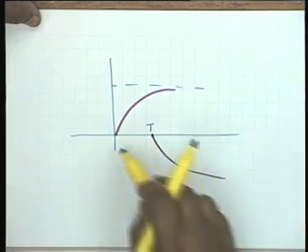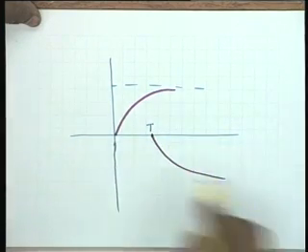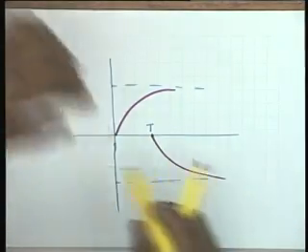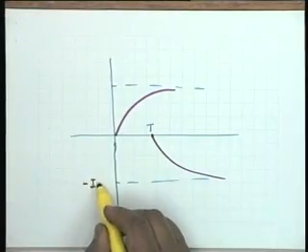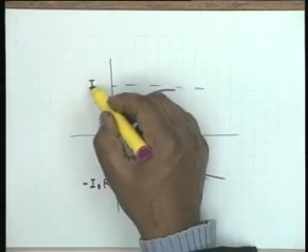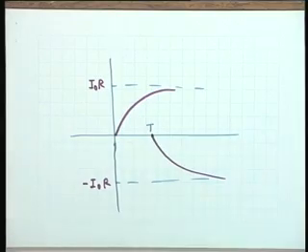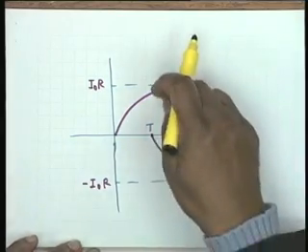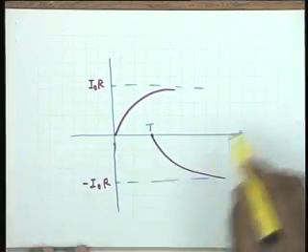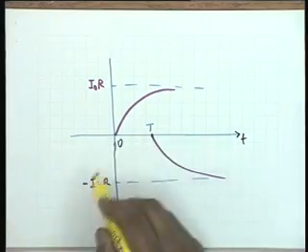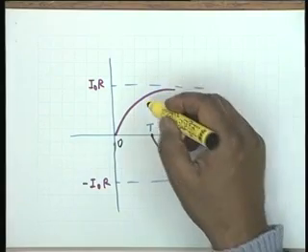If it was allowed to go to infinity, then it would have reached what level? This would have been minus I0 r, and this is plus I0 r. So, it is the combination of this plus this. Between 0 and capital T, it is only this term that dominates.